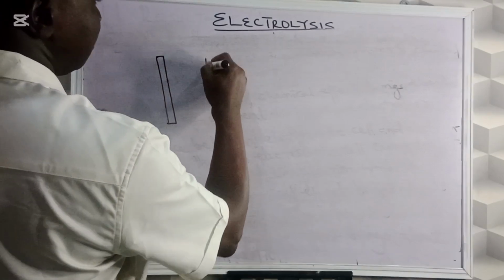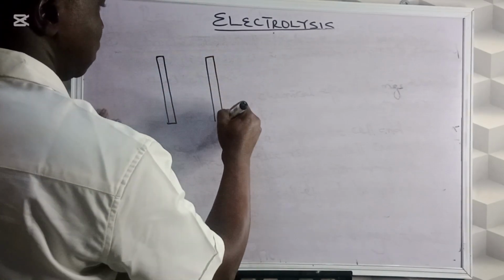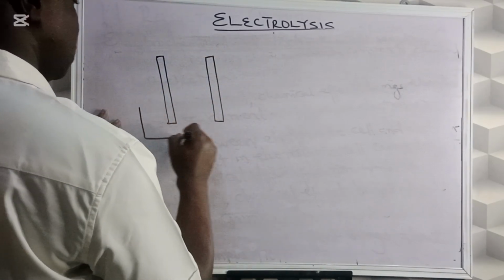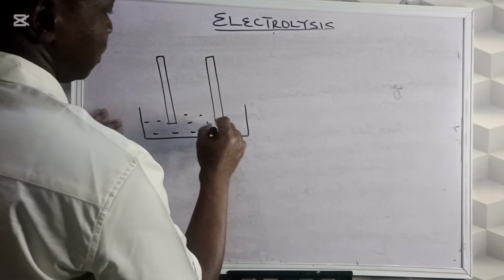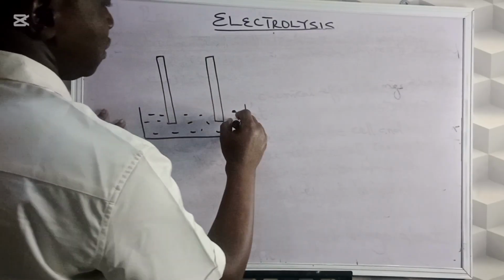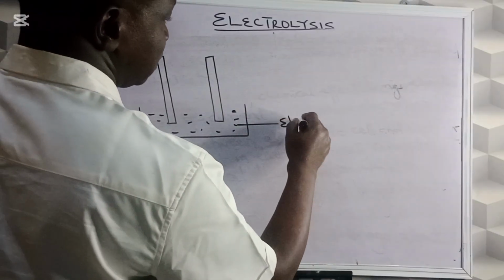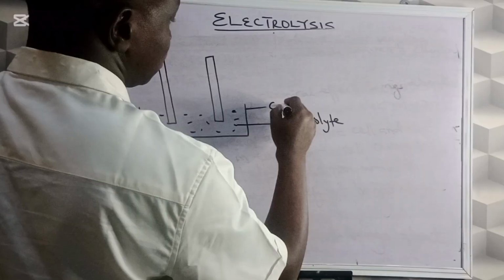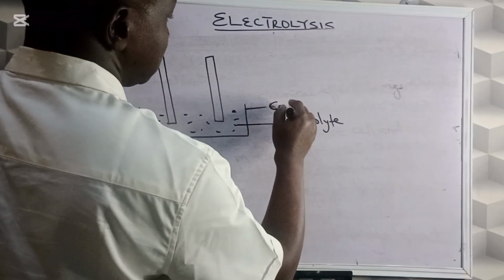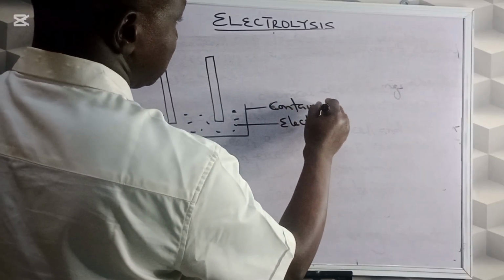You have the cathode, you have the anode. You have the container, you have the electrolyte as well.